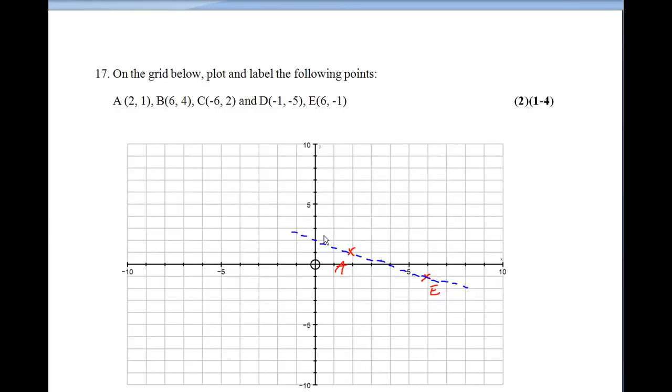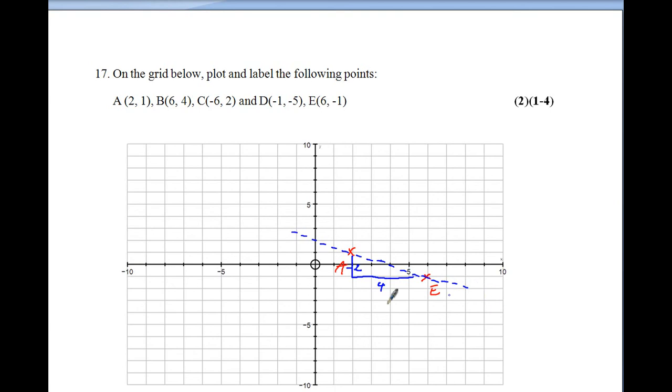And finally I do question C, where I need to find the equation of the line between A and E. So I've joined them up with this blue dotted line, and it's probably a good idea to look at how far I am traveling going from A to E. I can see that I'm going down by 2 and across by 4. Clearly the gradient of the line is negative because the line's going down from left to right.